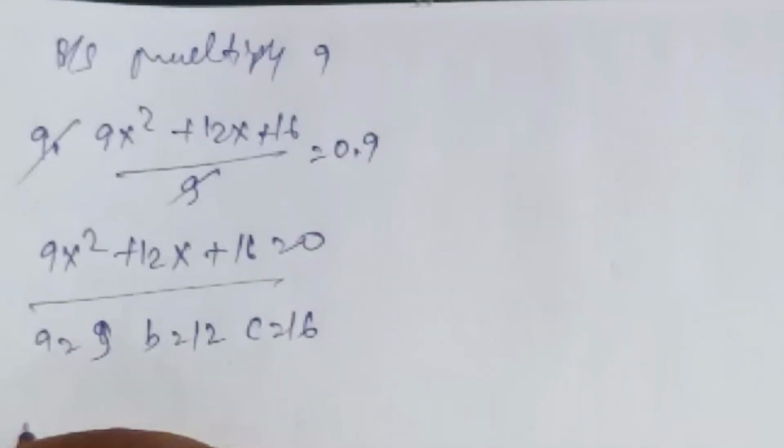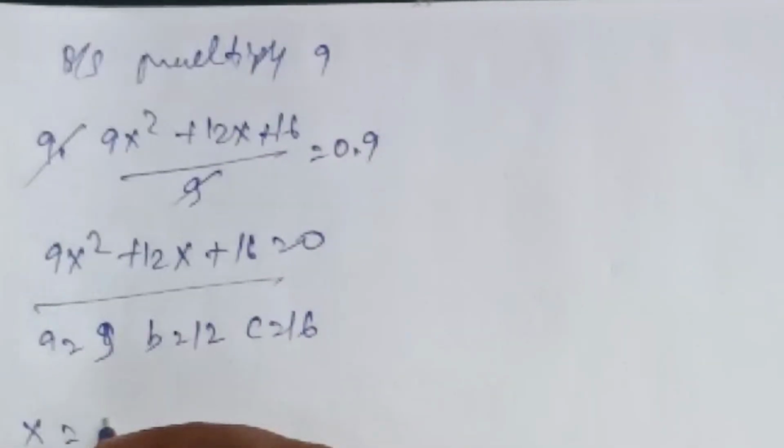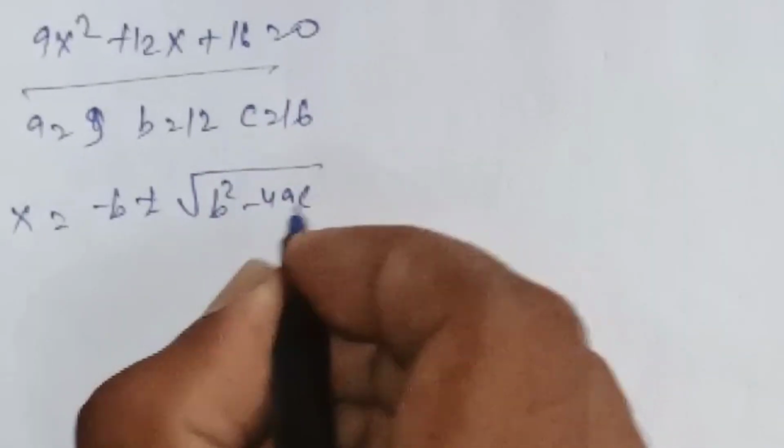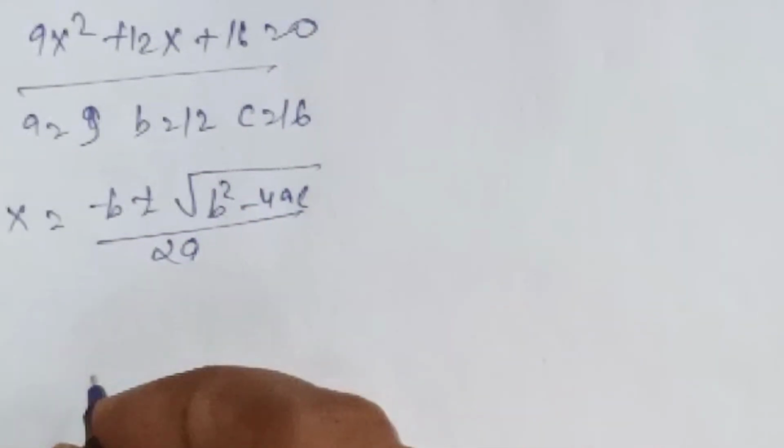So here the quadratic formula is x is equal to minus b plus minus root under b^2 minus 4ac, divided by 2a.